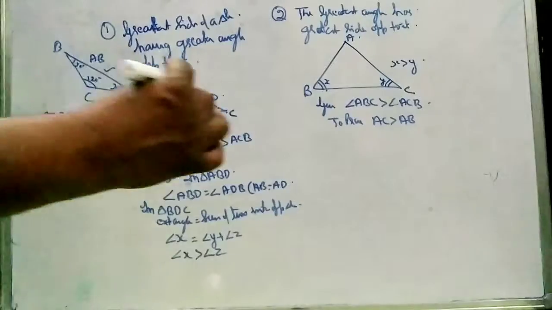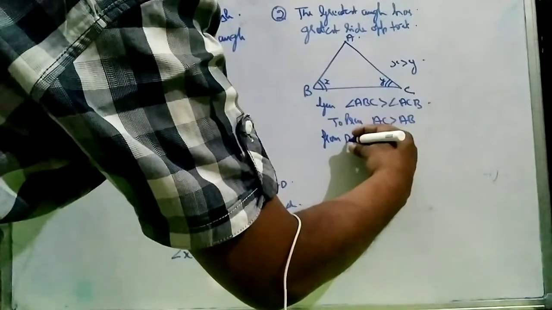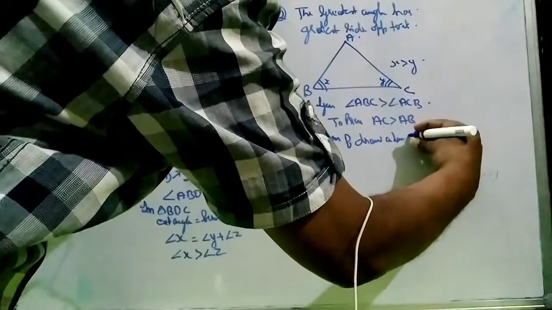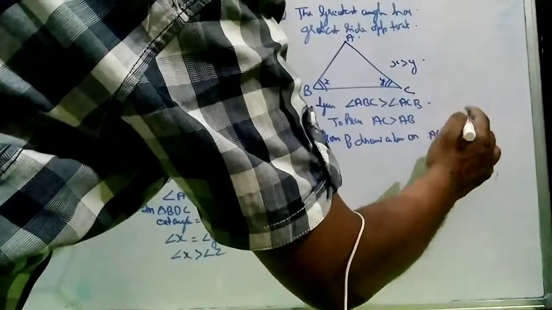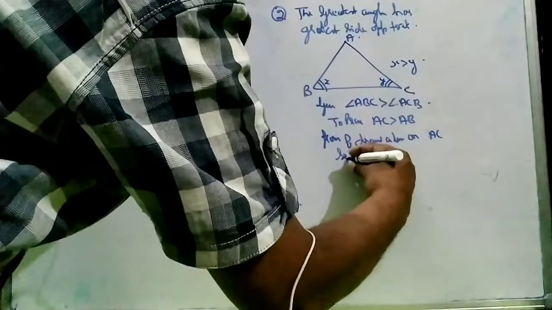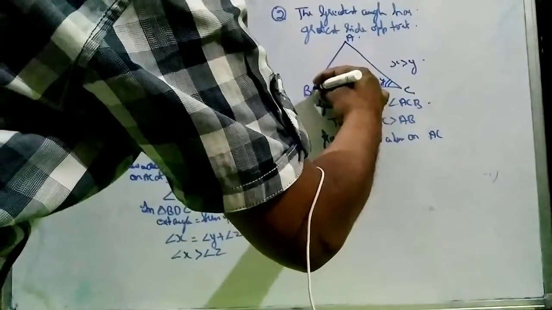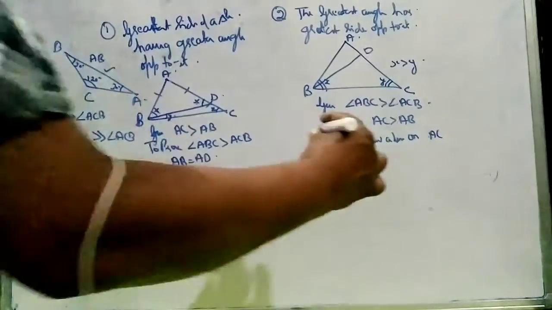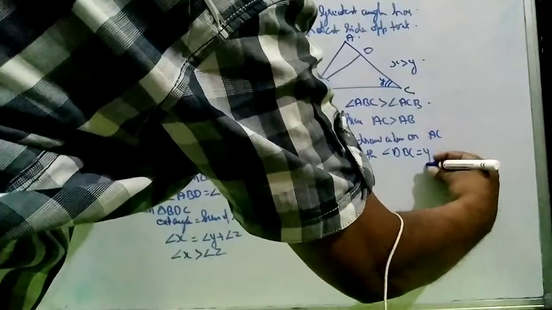What we will do is, from B, draw a line on AC which meets at D, such that angle DBC becomes equal to y.